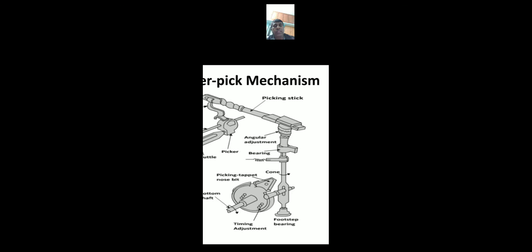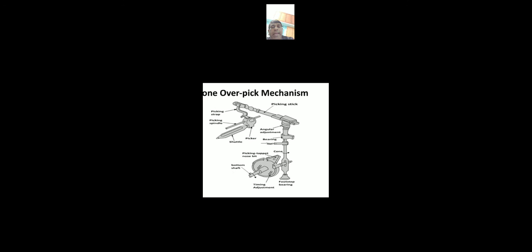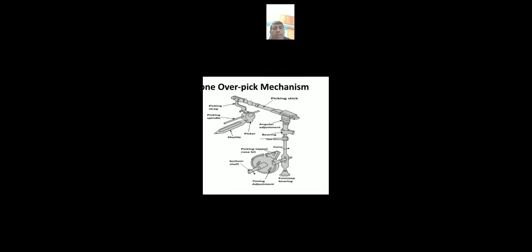These are the various parts of the mechanism. Please observe what the parts are. Picking tappet nose bit. There is a bottom shaft. On the bottom shaft there is a picking tappet, and the picking tappet has a nose bit, and the nose bit will hit the cone.